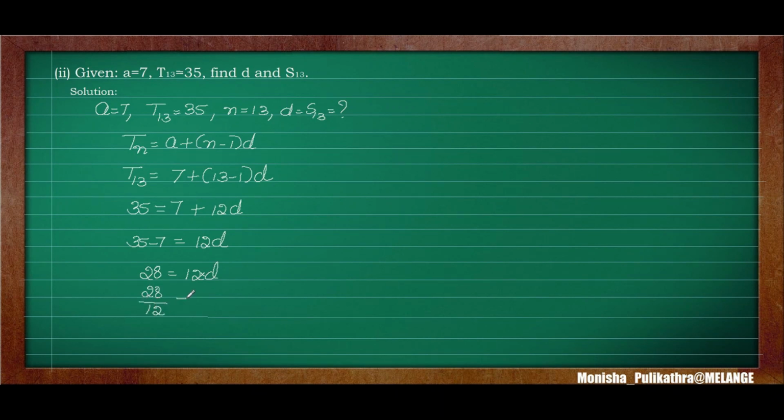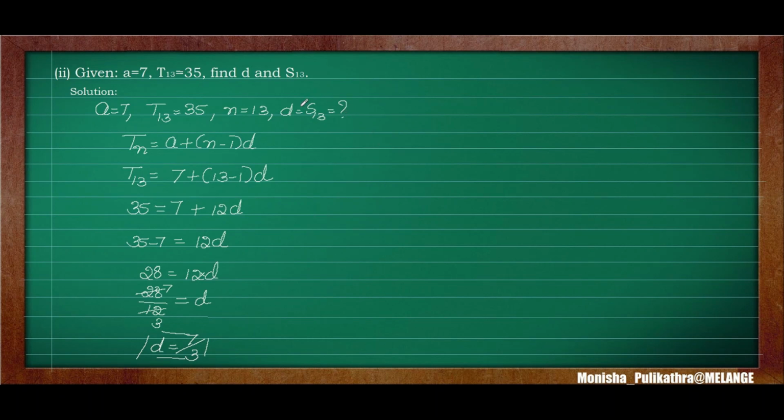So 28 divided by 12 is equal to D. We need to find a number which will divide both the numbers in a single table. That is the 4 table. That is 4 7s are 28 and 4 3s are 12. Right? So D is equal to 7 divided by 3. So this is the value for the common difference.